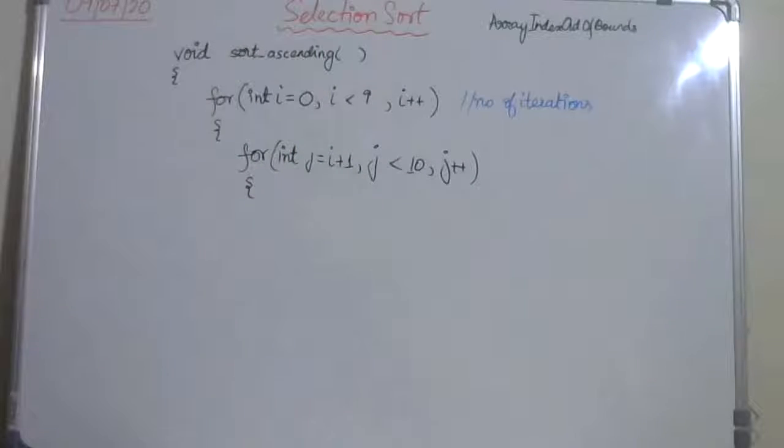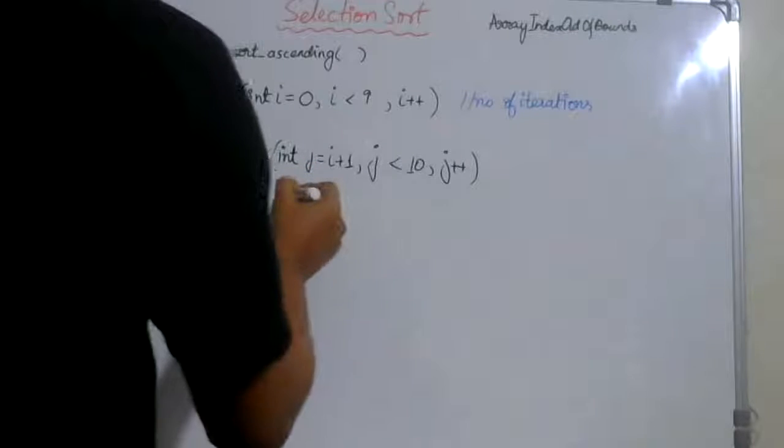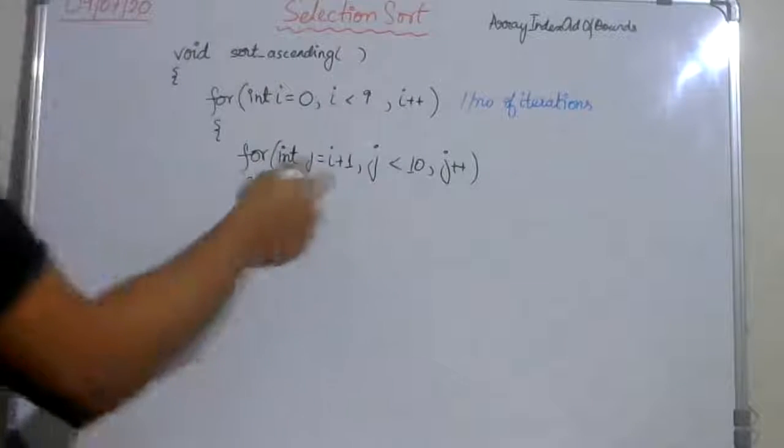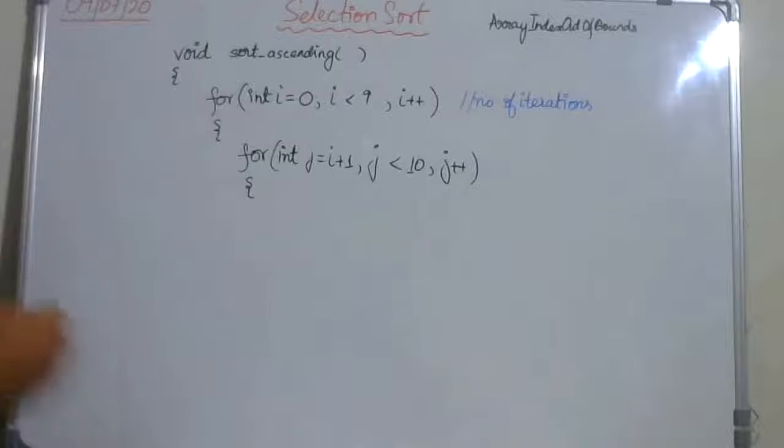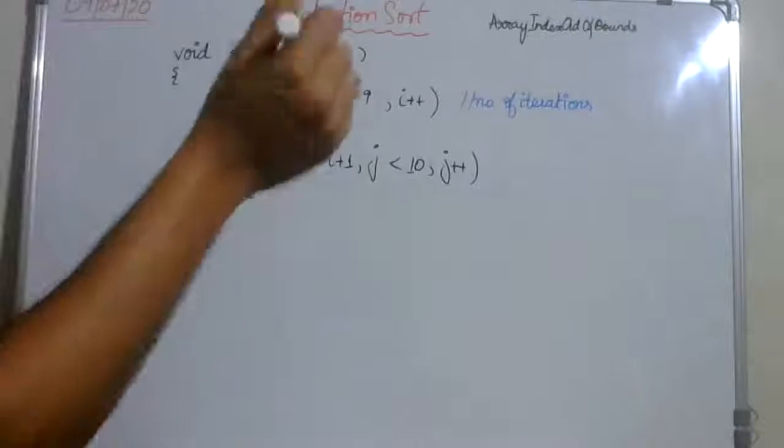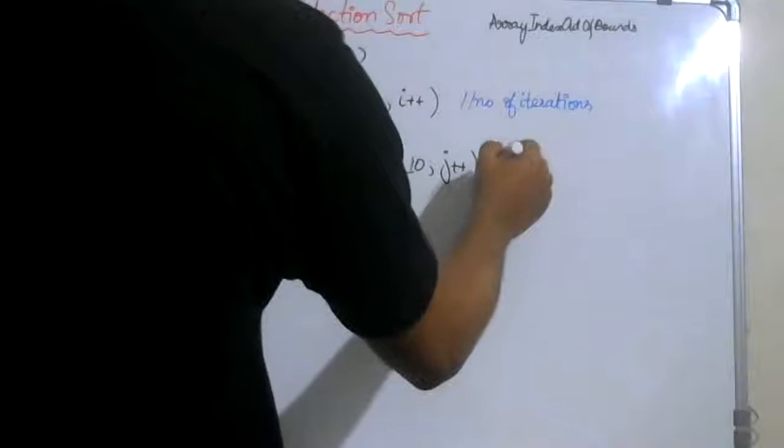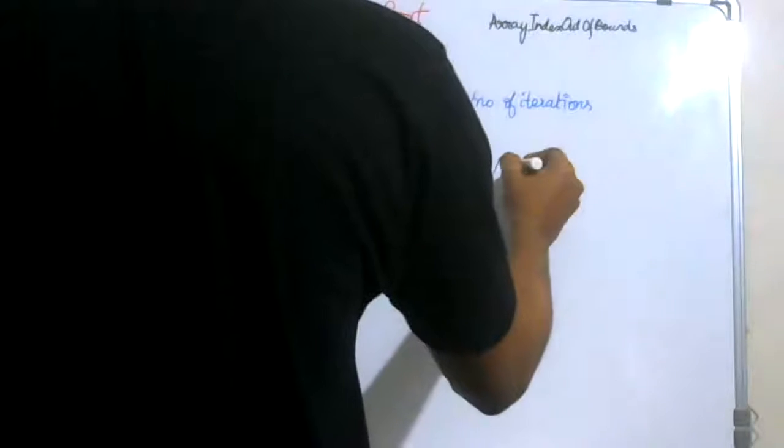Next we compare. The actual comparison happens here. So this loop controls the number of iterations, and this particular loop controls the number of comparisons.